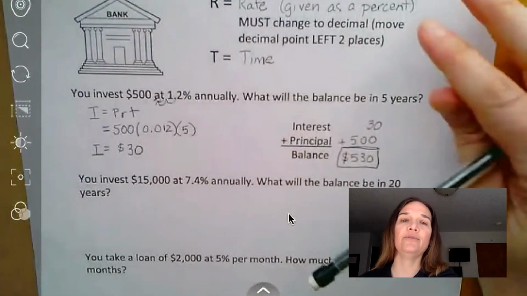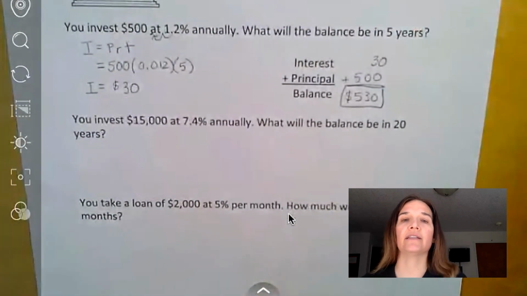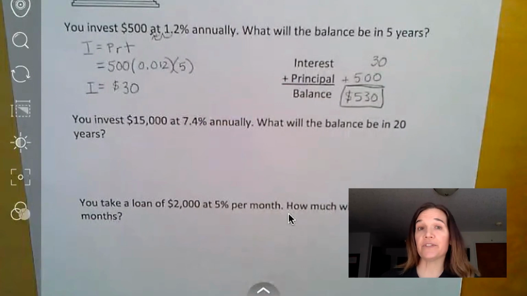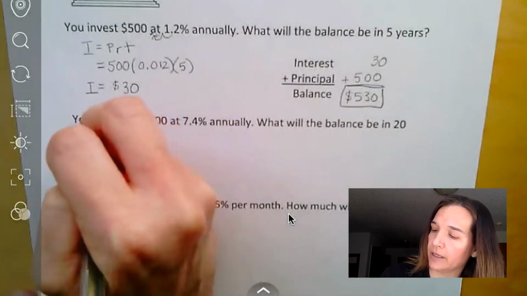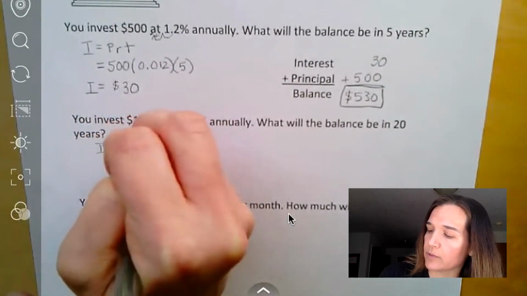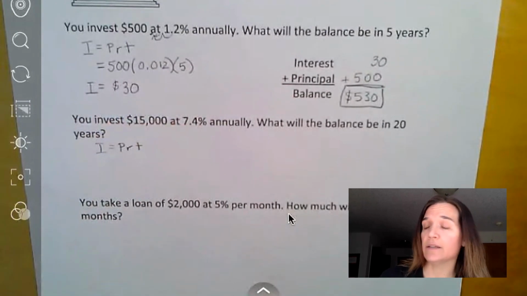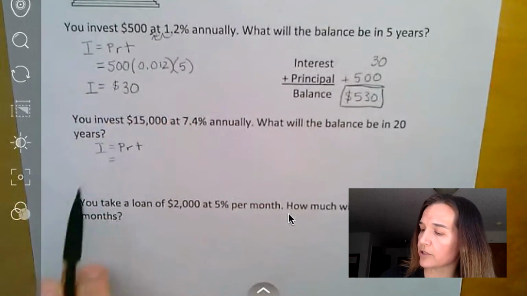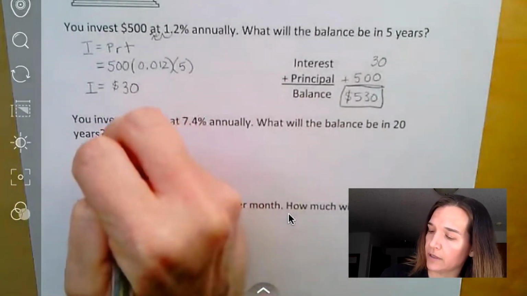Next one, you invest $15,000 at 7.4% annually. What will be the balance in 20 years? Start out the same. Let's use our formula. Interest equals principal times rate times time. And again, we just substitute the numbers in that we know. Principal, the starting amount, that's our $15,000.